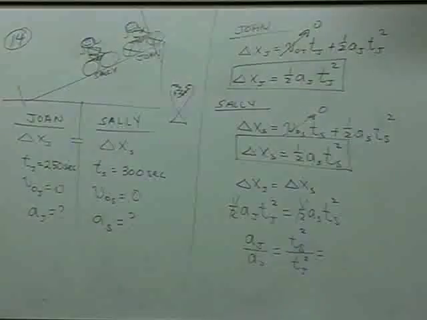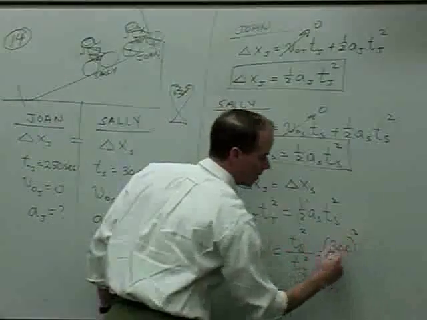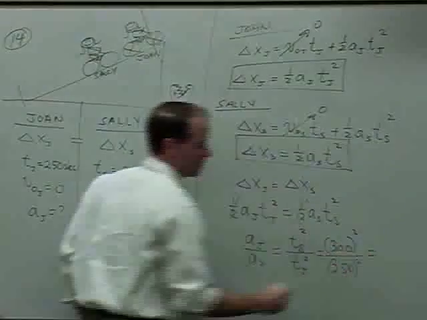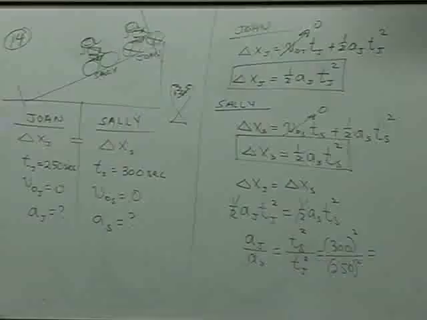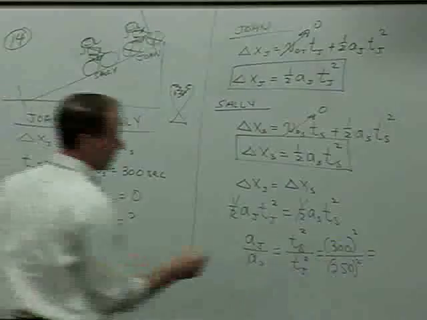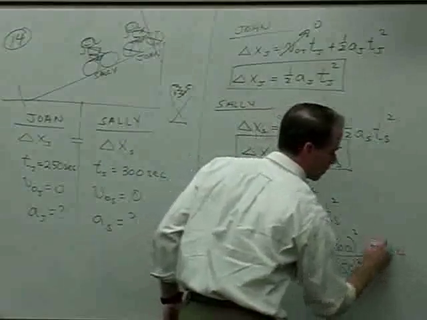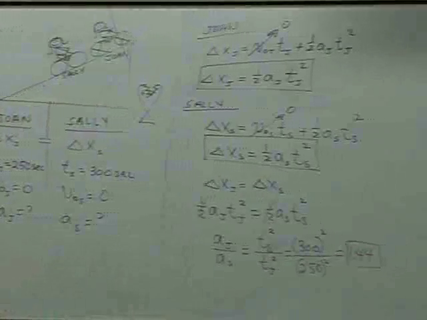And so I would get the time for Sally, which is 300, squared, divided by the time for Joan, which is 250, squared. So the ratio of their accelerations is 300 squared divided by 250 squared. 1.44. No units on that, it's just a ratio between two quantities that have the same unit.